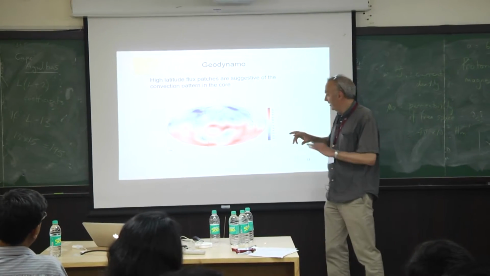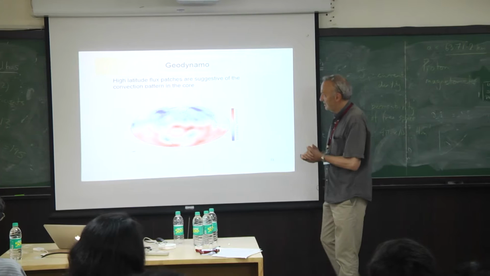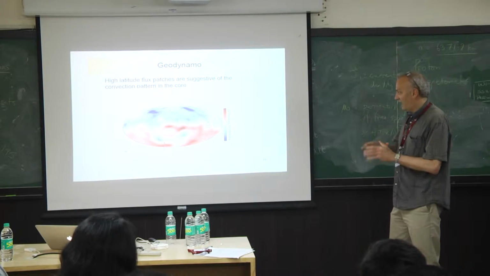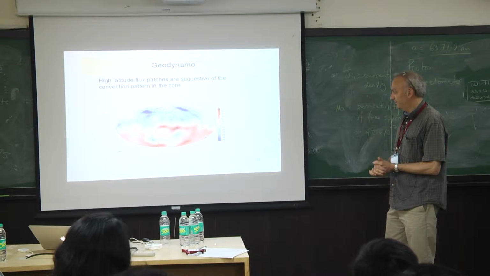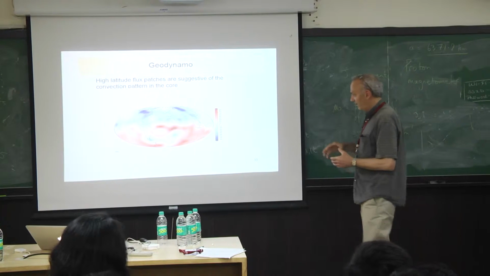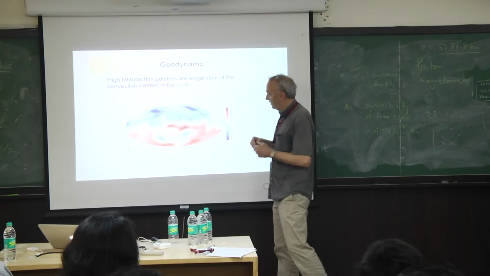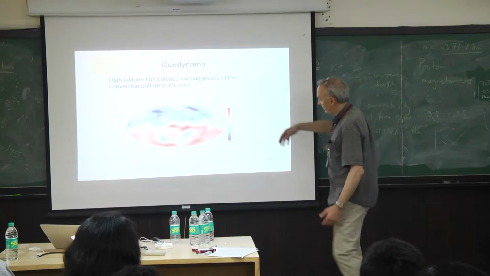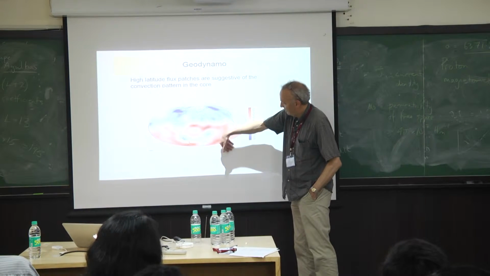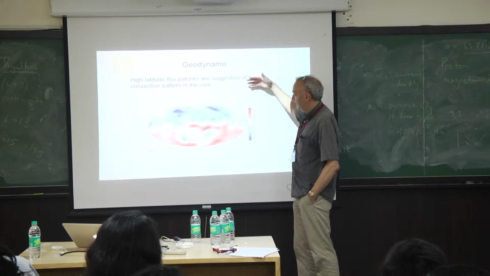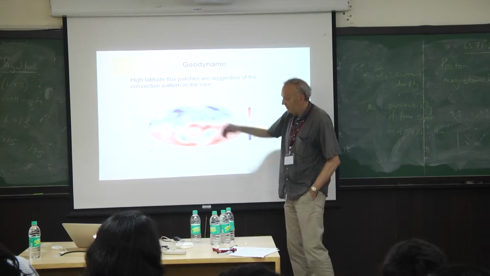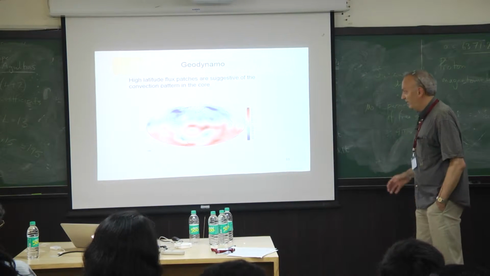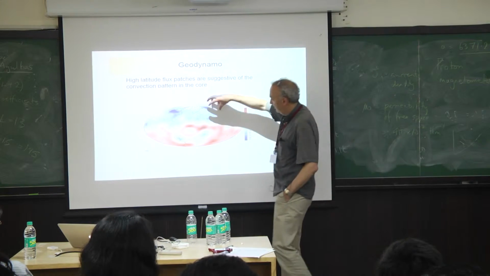So this is now the radial field intensity at the surface of the core. What we're seeing is the number of field lines per square meter which are emanating out of the core. So the red stuff is coming out of the core, and the blue stuff is field lines going into the core.